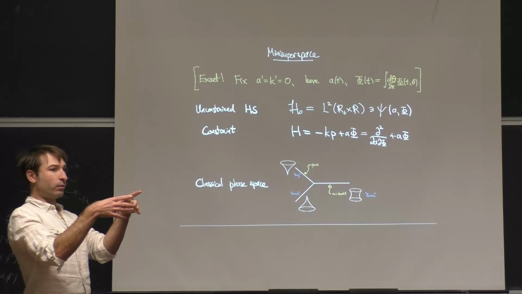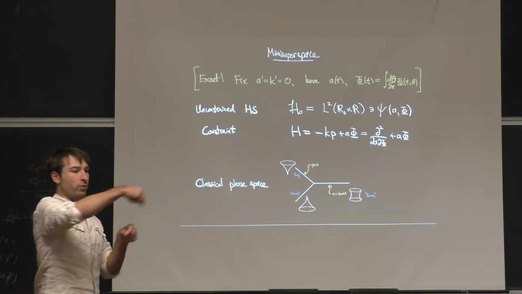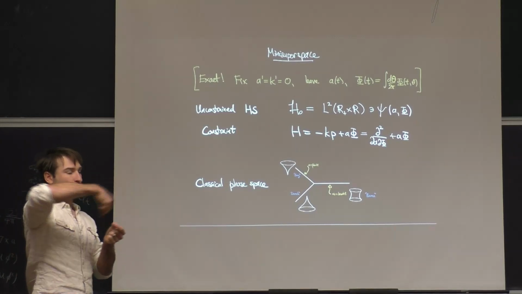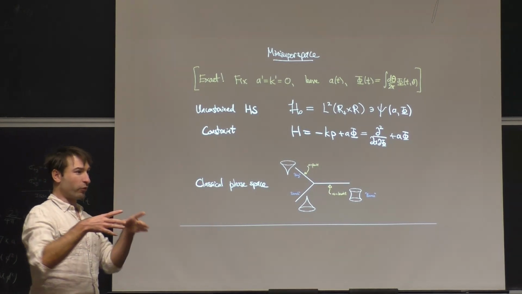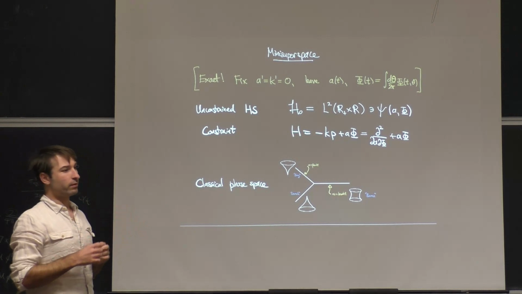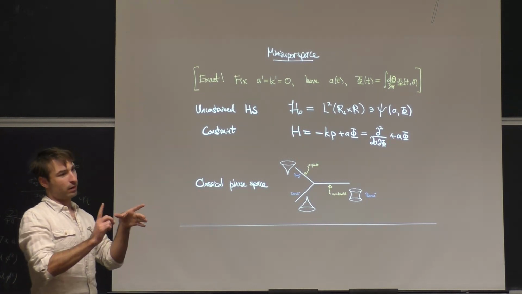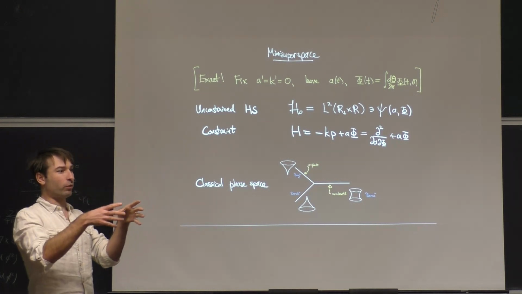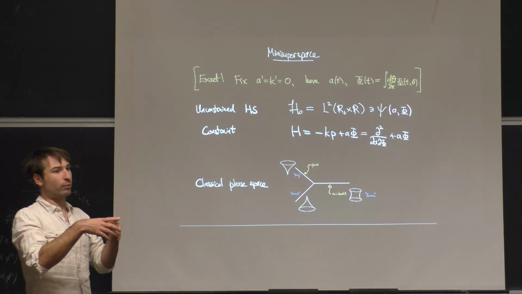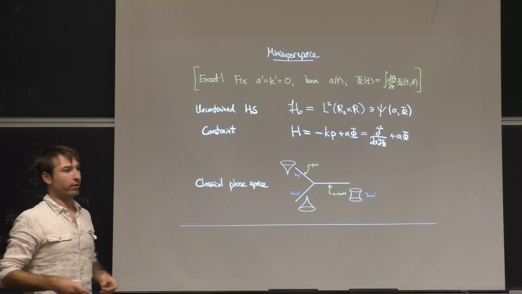Setting A prime equals 0 says that theta, the coordinate on the circle, is going to be proportional to the proper length. So it's the thing we're using to fix the momentum constraints. And then K is the extrinsic curvature. So setting K prime equals 0 is how we're solving the Hamiltonian constraint, or at least most of the Hamiltonian constraints, with the exception of the zero mode.